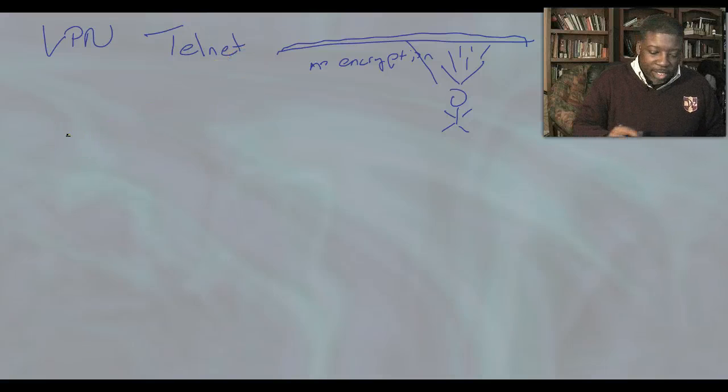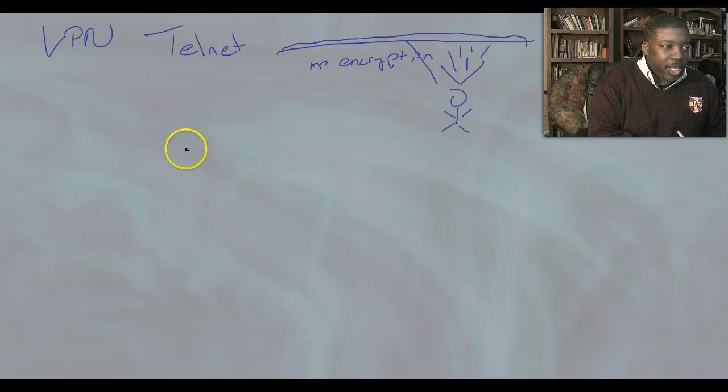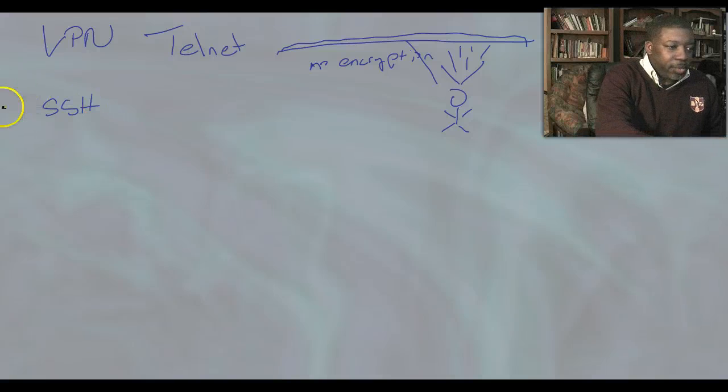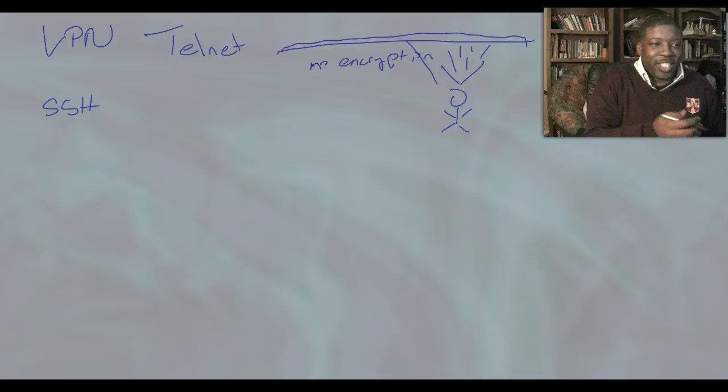So they decided to come up with some other stuff. SSH, you may have heard of this. Secure Shell, I believe that's what it is. Before I talk about what was wrong with SSH, let's talk about why you want to use SSH.